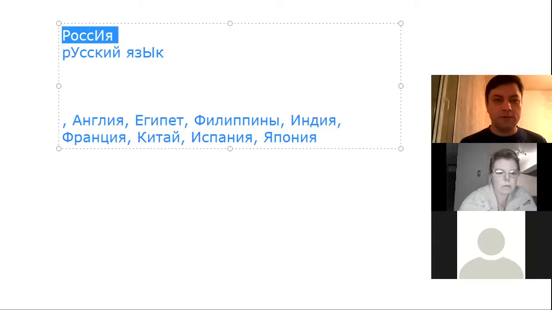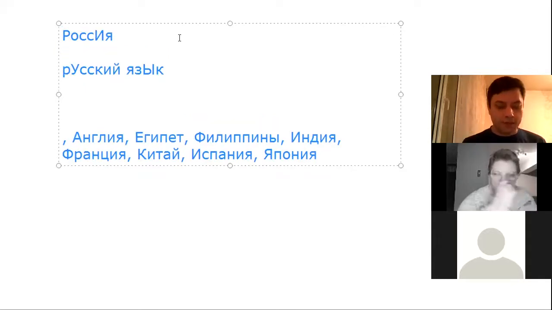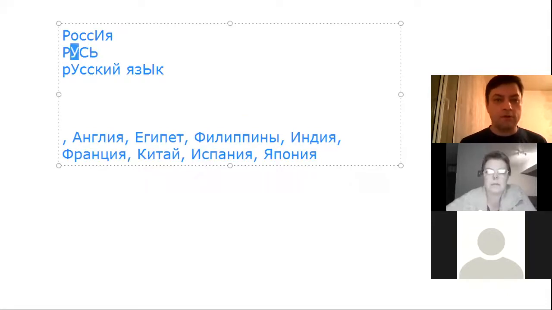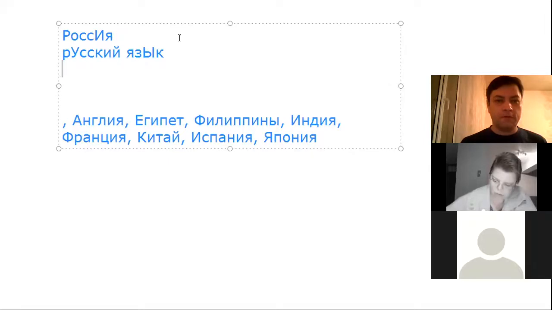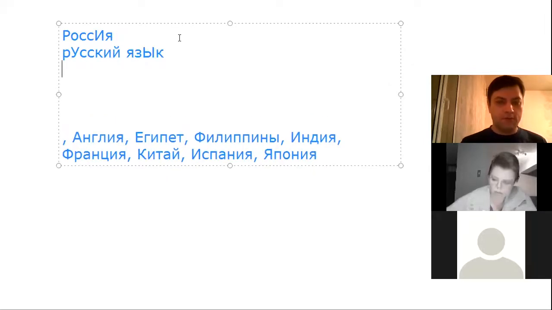Россия is the modern name of Russia. However, in the ancient time, Russia was called Русь. And this is why русский язык has the letter U. I speak Russian language.